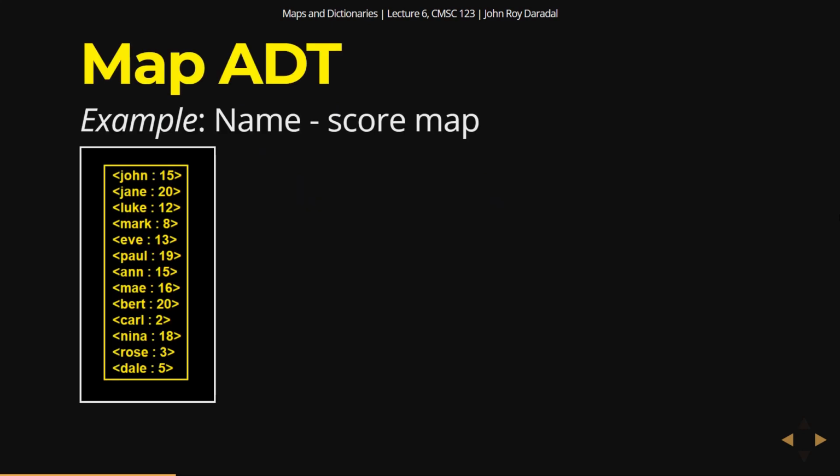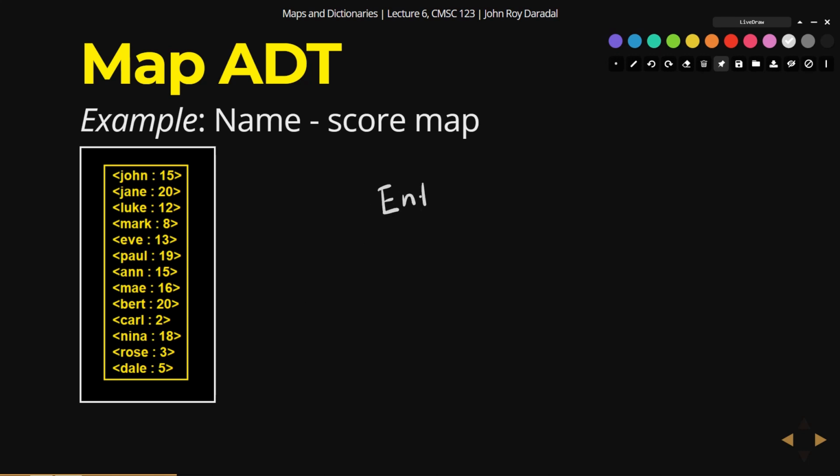So yeah, here's another example. You have the name and the score map. So let's say you have a quiz or a test, and then the name of the students would be your keys, and then the values would be the score, right? So you will see this notation in this video a lot. So you have, for your entries, it's made up of 2 things, right? You have the key and the value.